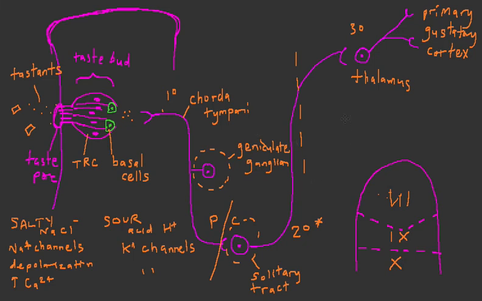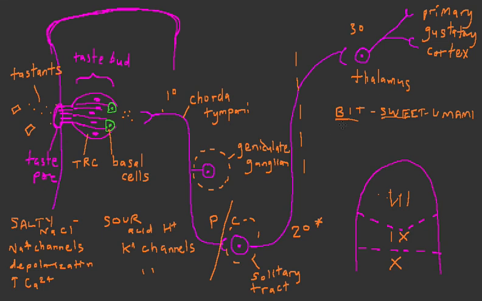And now for bitter, for sweet, and for umami, which is like a savory steak or something like that. These 3, I just remember bitter, sweet, and then you can add in umami, is kind of a helpful way to remember them.